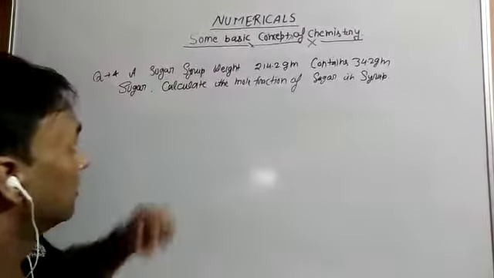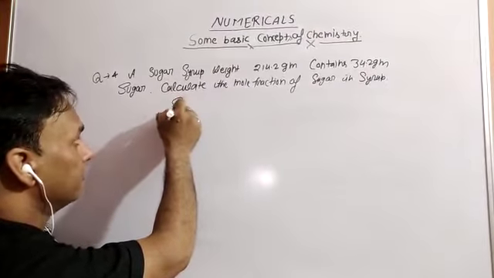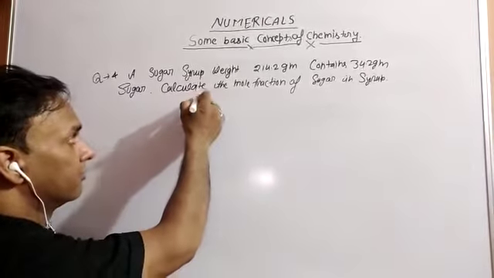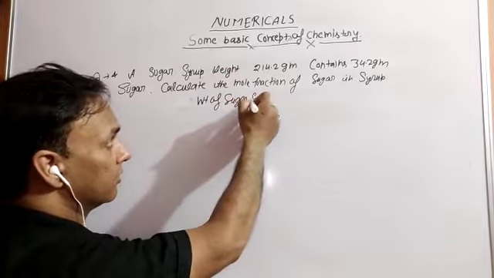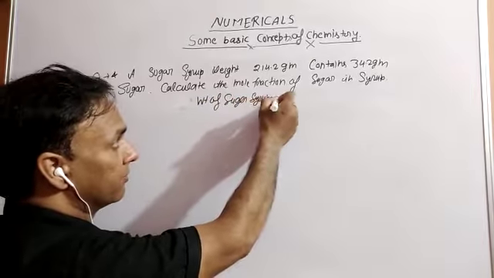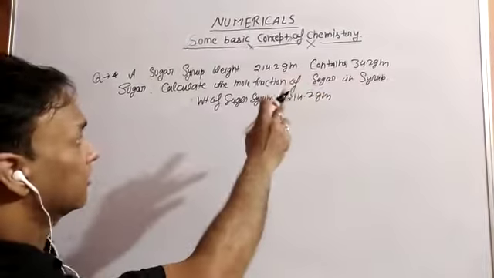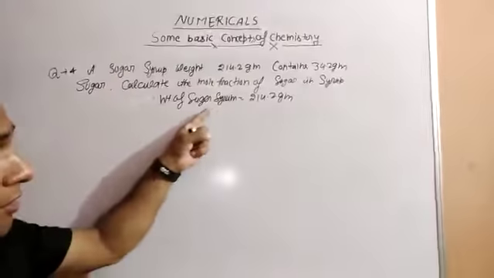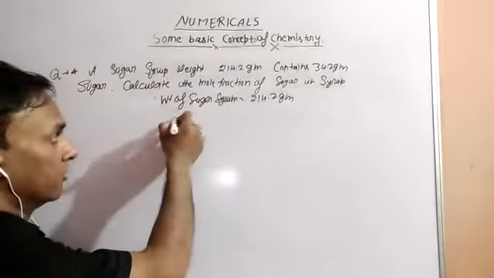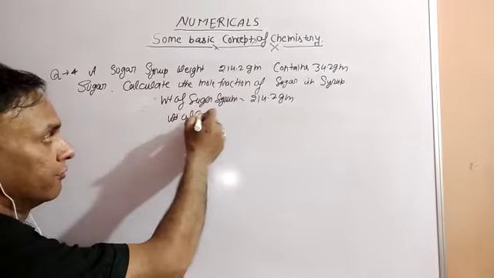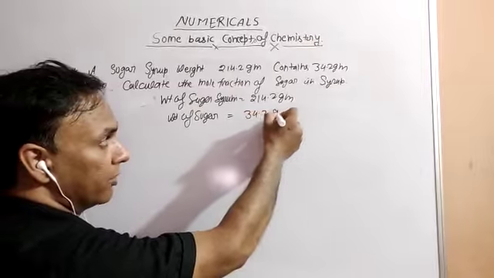Listen, the weight of sugar syrup is 214.2 gram. Here 34.2 gram sugar means the weight of sugar is 34.2 gram.